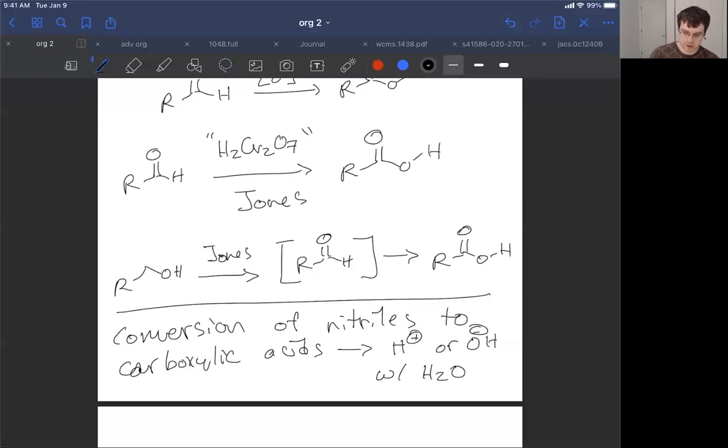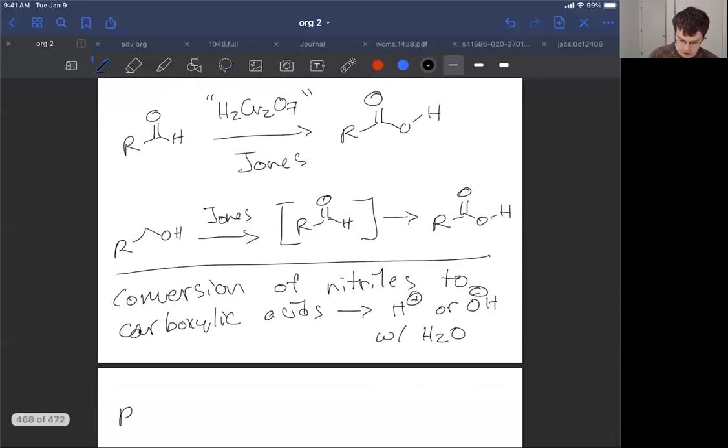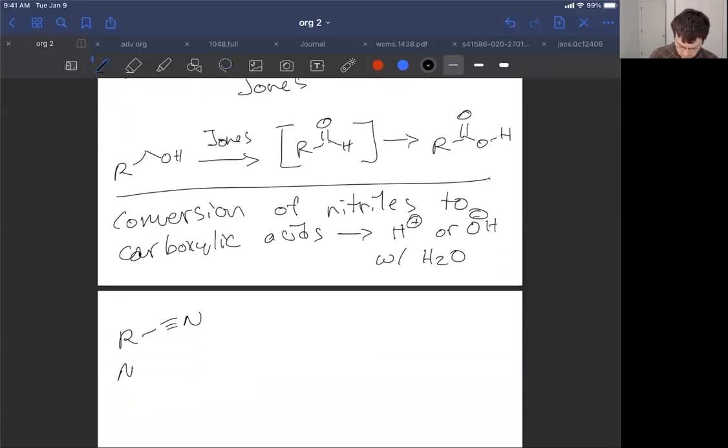Okay, so what we do in this case is we take a nitrile and we treat it with, well, let's do it this way, plus H2O. So this is considered a hydrolysis reaction because we break the nitrile to make a carboxylic acid.